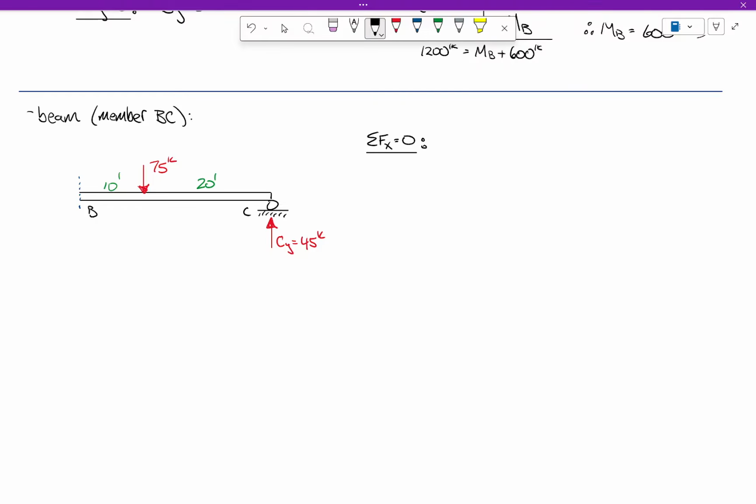Let's see what happens here. Are there any horizontal forces? So Bx is 0. Are there any necessary vertical forces at B? How much? 30 kips up. Interesting.